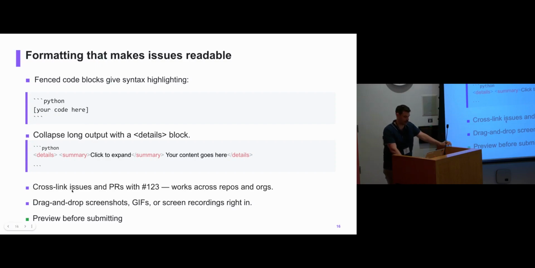Cross-linking issues is great. You can cross-link to issues or PRs. You just put a number sign and then the number, and this will automatically create a link to other issues. One thing that I love when opening issues, especially when I'm working with a plotting library or a web front end or something very user interface centric, is screenshots, GIFs, screen recordings.